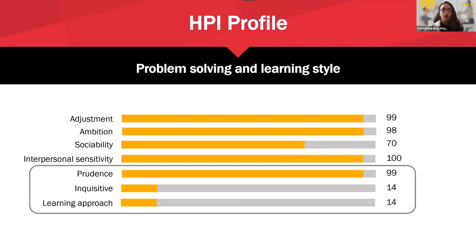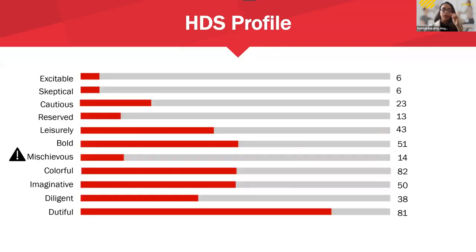And when we look then at her HDS, there are two things that I would look at. First, mischievous. She has a low score on mischievous, and that adds to our theme of not challenging the status quo, in terms of maybe playing it safe to the point of being very risk averse, right? So really carefully thinking through decisions and avoiding unnecessary risk, but to the point of playing it safe a little bit too much.